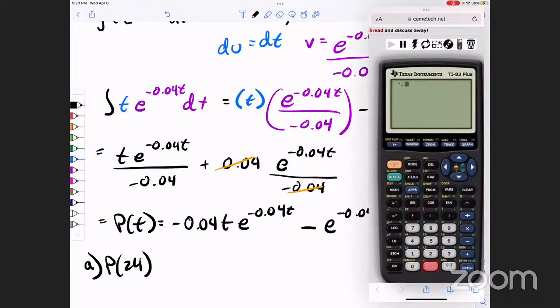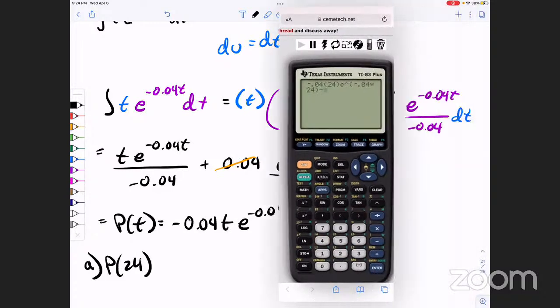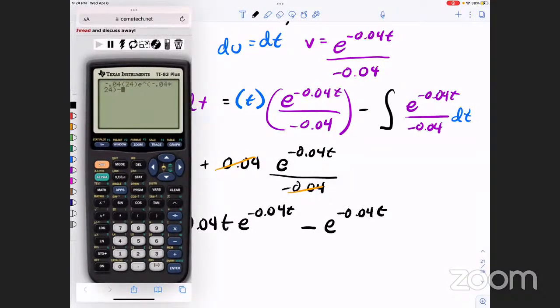So negative 0.04 times 24 times e to the power of negative 0.04 times 24, okay? Then we're going to say minus e to the power of negative 0.04 times 24.